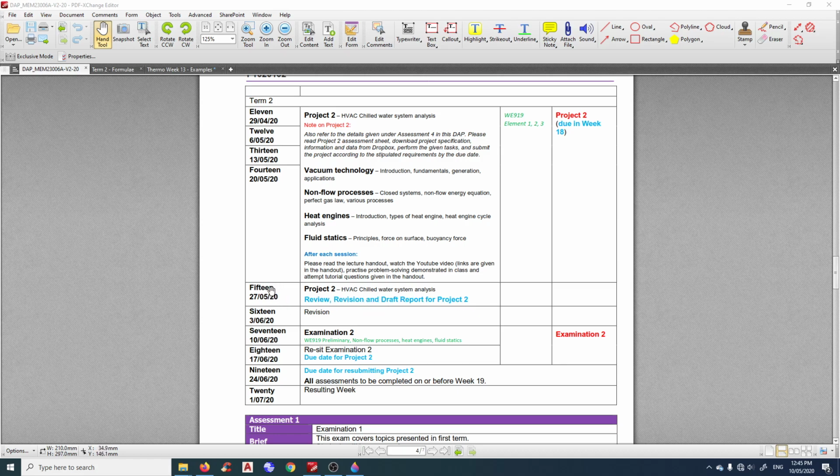And in week 15 I'm just going to give you a review of the theoretical questions that we're going to ask you, or expect you to answer, during the exam. In week 16 we're going to do the revision of all the calculations. It's similar to the first term. Then in week 17 is the exam, and hopefully you finish both assignment 1 and 2 in week 19.